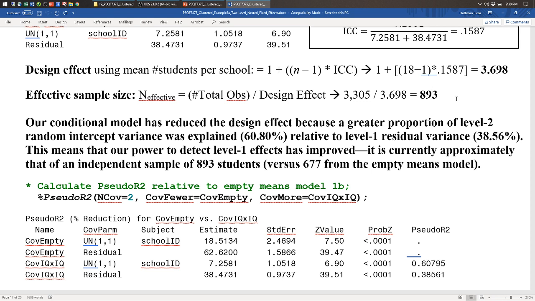Because we've reduced the dependency of schools, because we have reduced the relative amount of information that is level 2 school mean differences, it's like we have more people. They're less like each other. So we went up to 893. It doesn't mean that we can go back to single level regression, but we're heading in the right direction if our goal was to explain level 2 school variance.